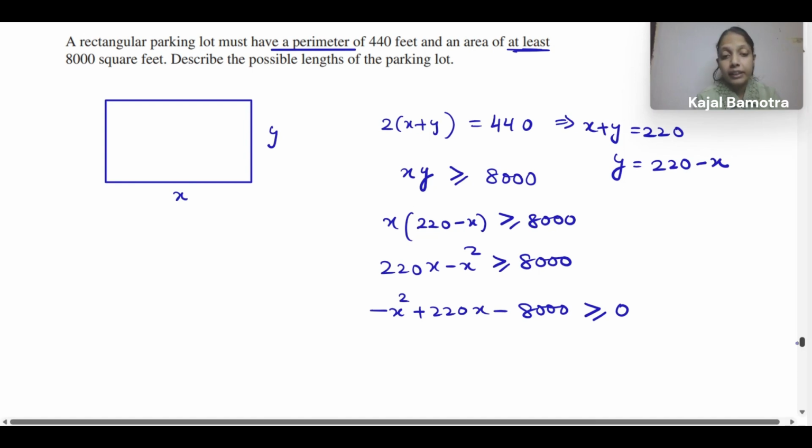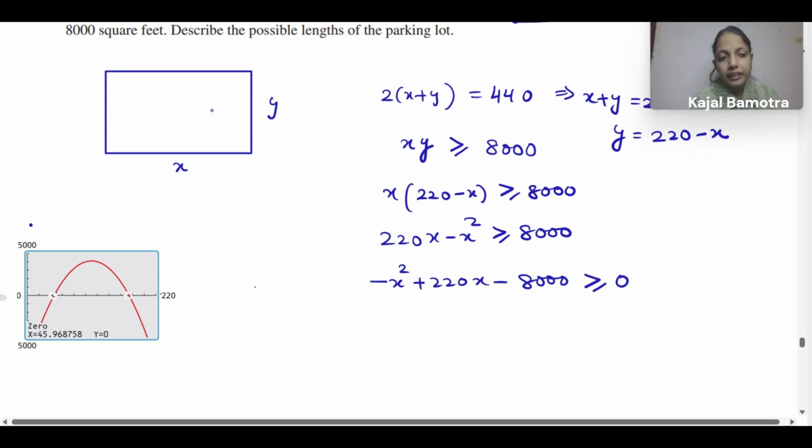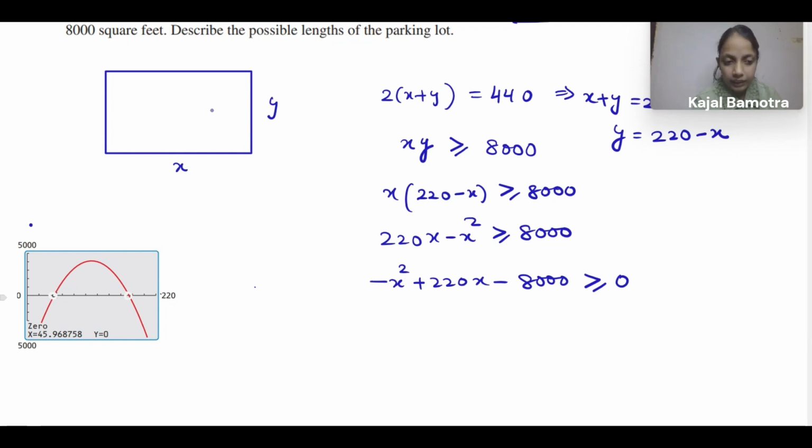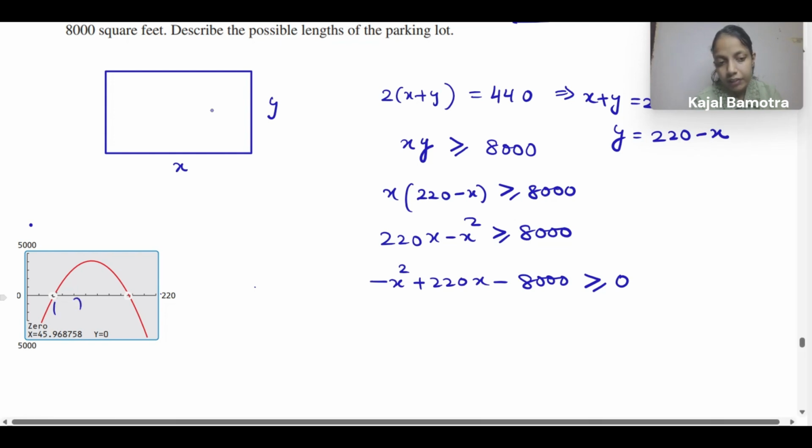Here we need a graphing calculator. Let's see. If you see the graphing calculator, you will get these 2 points. And we have to check what are this point and this point. When you click on this in a graphing calculator, you will get the coordinates. Let's see what are the coordinates here.